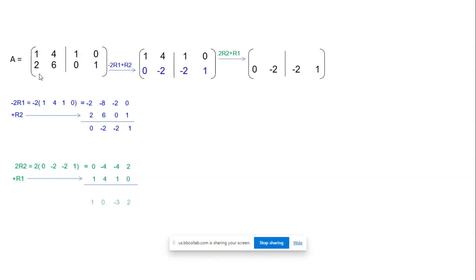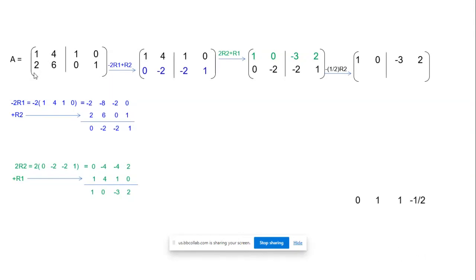And when I add this, you see that I eliminated my 4 there. So I have 1, 0, -3, 2. I have one more thing to do. I want to get a 1 where that -2 is at. So to do that, I'm going to multiply row 2 by a -1/2. Again, my row 1 is not getting altered, so I write that down: 1, 0, -3, 2.